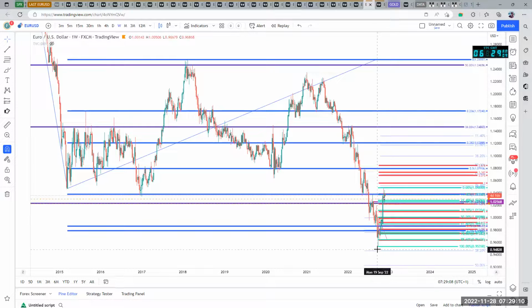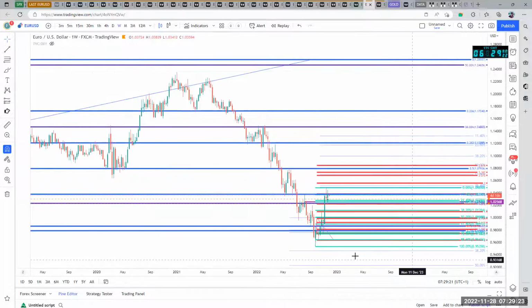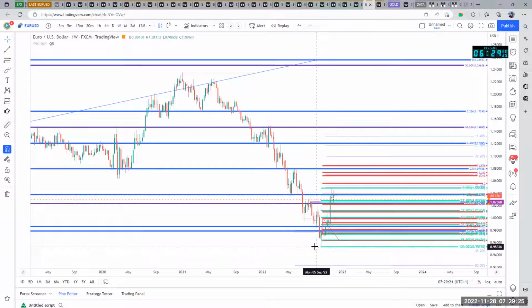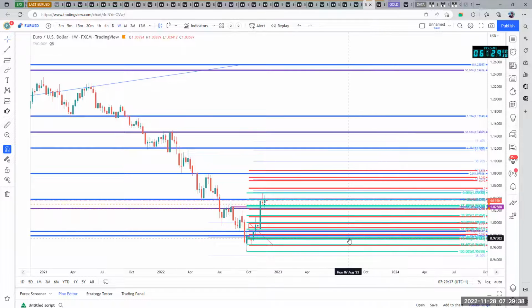We have called that the 2022 lows since they happened in September, and I said it could very well be the lows even for 2023, which is still what I think. I think we should not take those lows in 2023. So it's a big low that happened here in September 22.